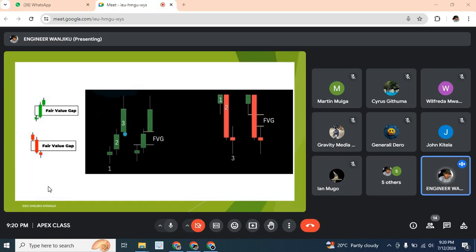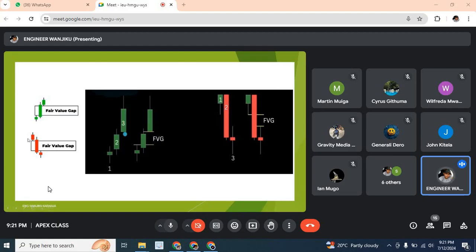If between the highest price of the first candle and the lowest price of the third candle there's a gap, then that qualifies as an FVG, or a void, or a liquidity void, or what we call an imbalance.